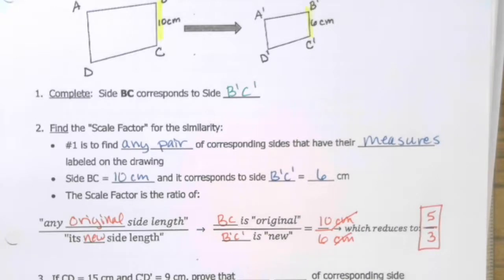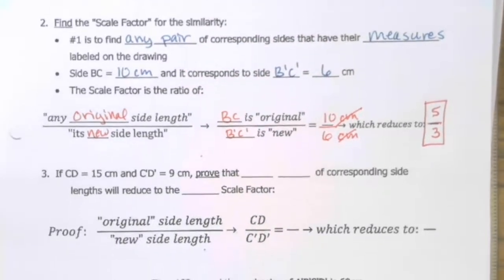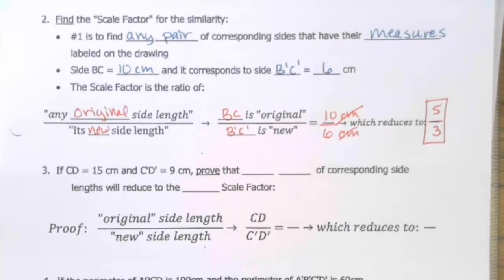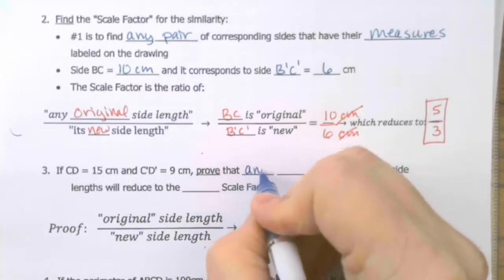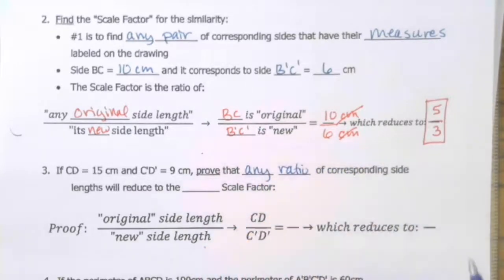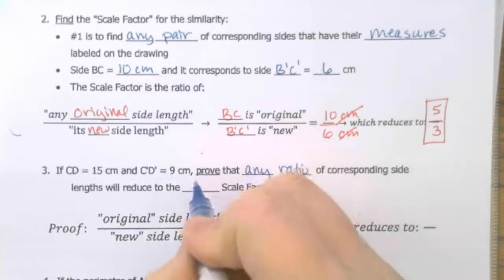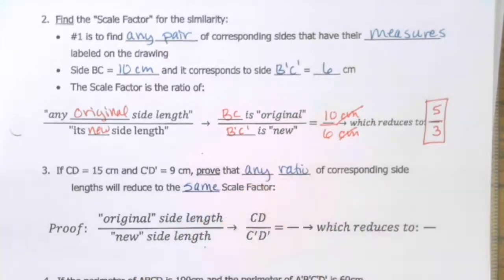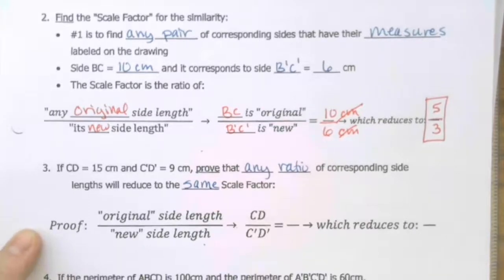Okay, here's one of the types of questions you're going to have. If CD is 15 and C prime D prime is 9, prove that any ratio of corresponding side lengths will reduce to the same scale factor. So we're going to prove that everything reduces to the same scale factor, which is a way to prove they are similar. So here's the proof.